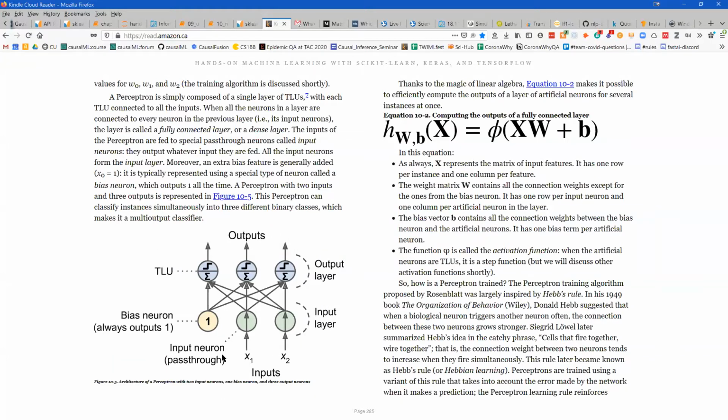The bias is the 0 one, and then these are the neurons. Each neuron gets weights associated with each of the inputs: W11, W21, and W31, because the 1 means the first neuron.